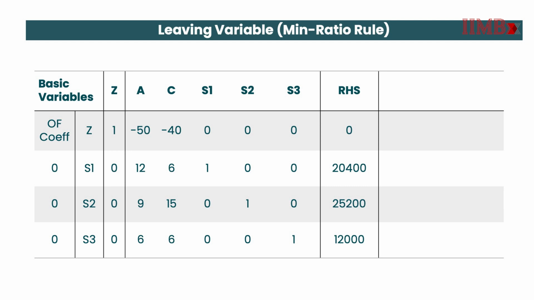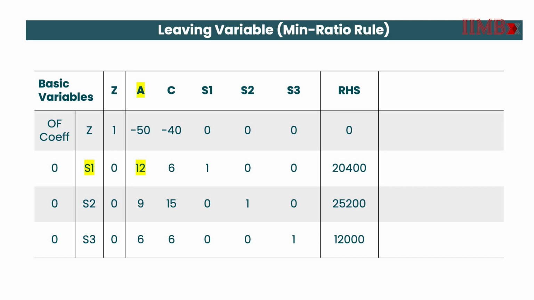Look at constraint number 1. As the value of A increases, constraint number 1 reads as 12A plus 6C plus S1 is equal to 20,400. So as the value of A increases from 0, the value of S1 will have to come down. How much will the value of S1 have to come down by?